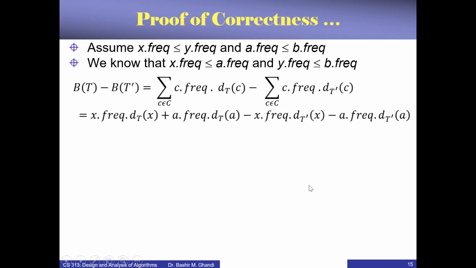All right, I hope this is clear, because all other characters remain the same in their location. So instead of considering the whole tree, this equation reduces to the one that concentrates on just the cost of x and a in the original tree minus the cost in the new tree.